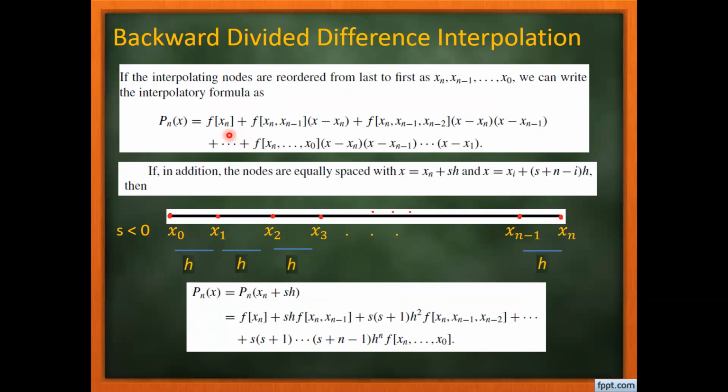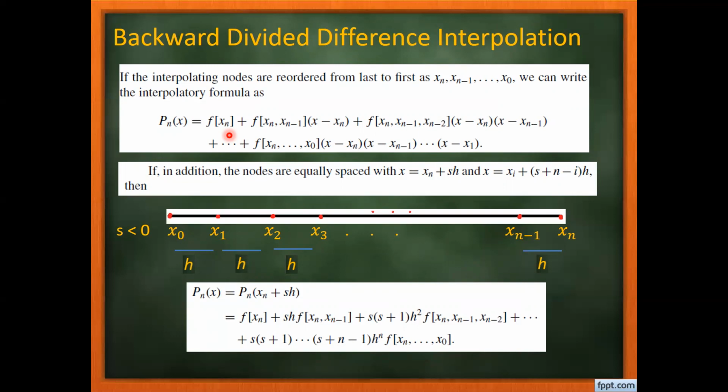Okay, so as you are able to grasp the idea, we will follow all the similar procedures that we have done for forward divided difference interpolation. We can do the same for backward divided difference interpolation.